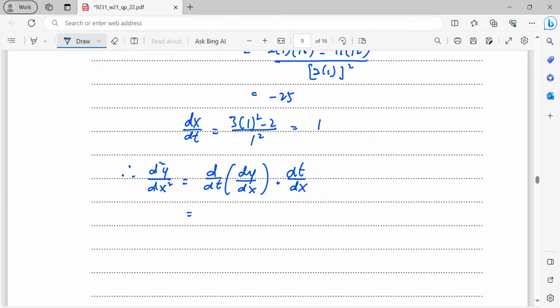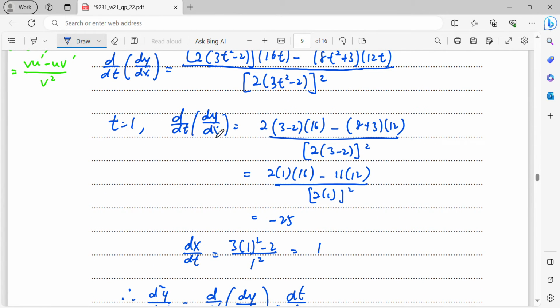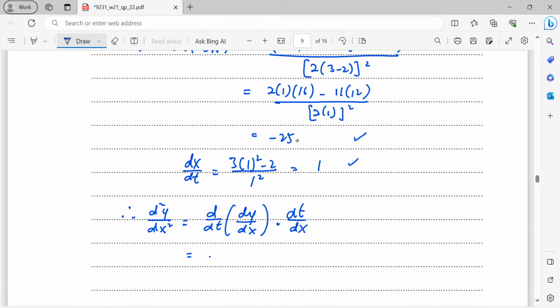So now I just substitute all my values. For the d over dt of dy over dx, the value is negative 25. Then dx dt is 1. So I will just replace negative 25 and 1. Okay, this dx dt is 1 over 1, right? Therefore, I will be getting negative 25. So this is the value at t equals 1.